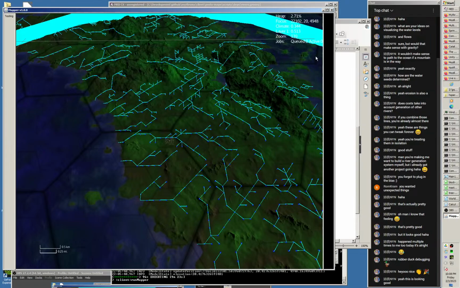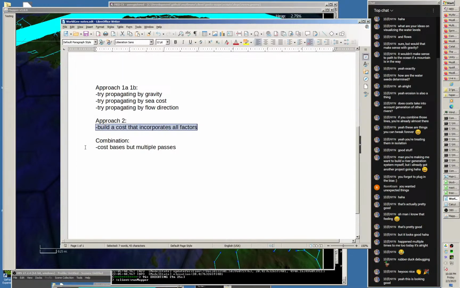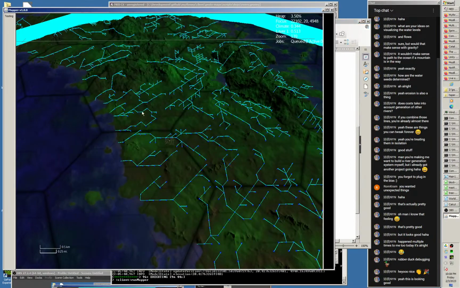So that's the nice thing about the combination of multiple passes, is that each pass could adjust its thresholds or the multipliers and things based on the results of the previous pass. So if pass 1 or 2 made it to the ocean a bunch of times, I can lower the cheating factors on the next passes.